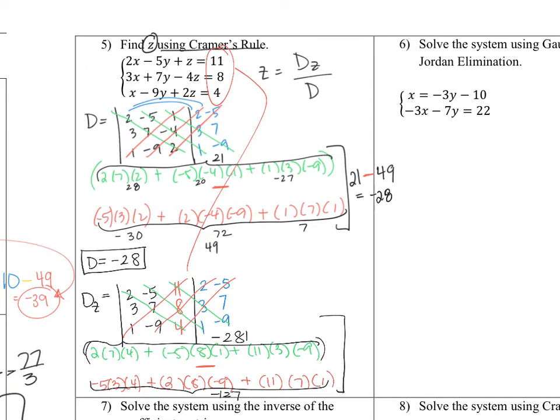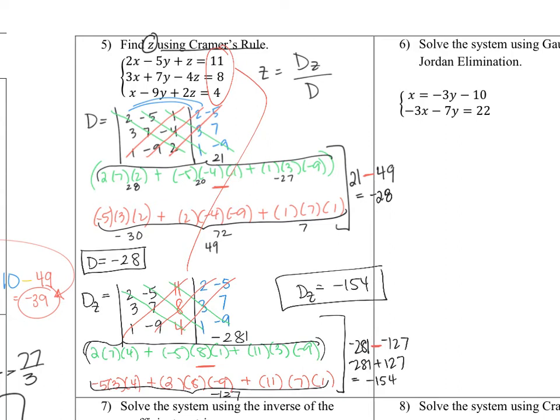So what we're looking at is negative 281, and again, minus the other diagonals, which added to negative 127. So really that's negative 281 plus 127, which will equal negative 154. So we know that dz is negative 154.